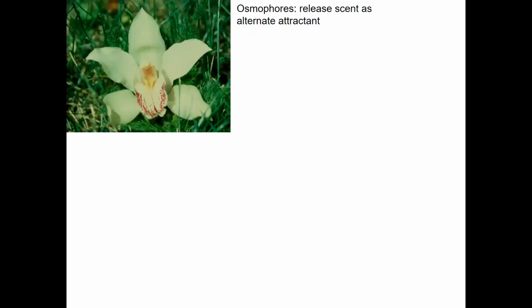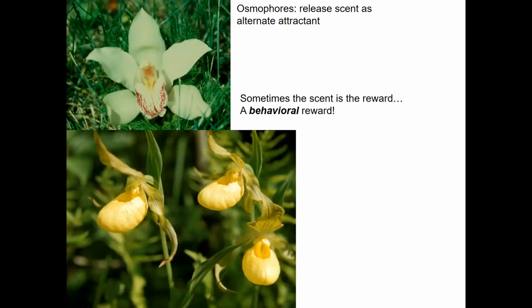So osmophores release scent as an alternate attractant. Sometimes the scent is a behavioral reward. Insects also sense the smell as a reward, and they feel happy, or seeing the flowers, the color also attracts them.